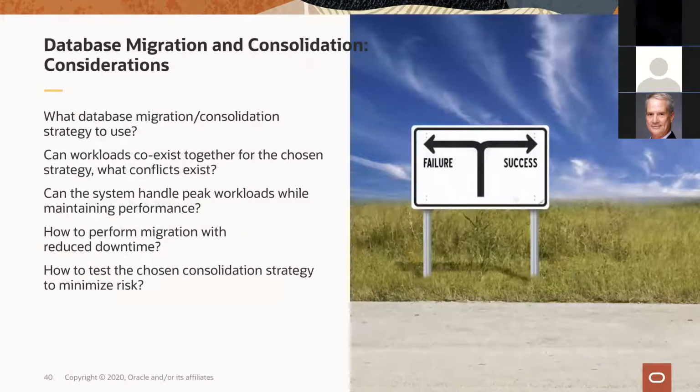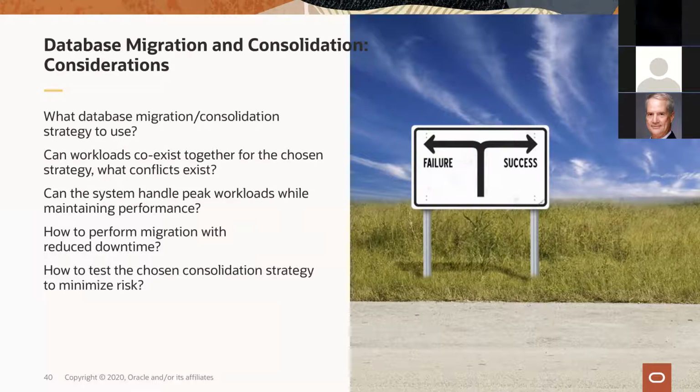So when you now know that either your old Exadata is going to be out of capacity or that you're going to move other databases to your Exadata, then it's quite important to know which strategy to use. And of course, that could be different. Can we co-allocate existing workloads together? Will they fit together, or will they be conflicting?